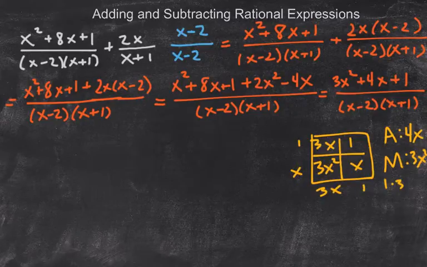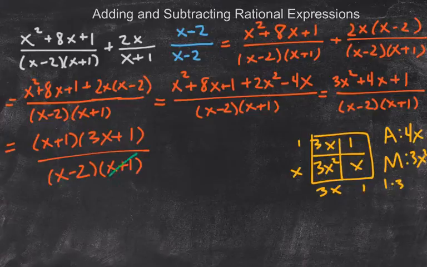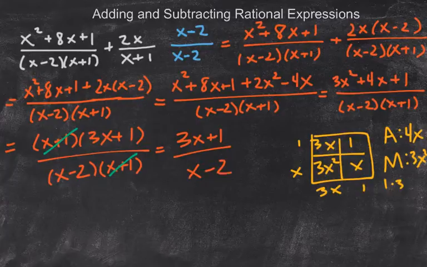Okay, so I can rewrite my numerator to be (x plus 1)(3x plus 1), and my denominator is still staying the same. But now I'm noticing this giant 1 of x plus 1 over x plus 1. Because everything is written as products, I can go ahead and cancel those out. So I'm left with (3x plus 1) over (x minus 2).